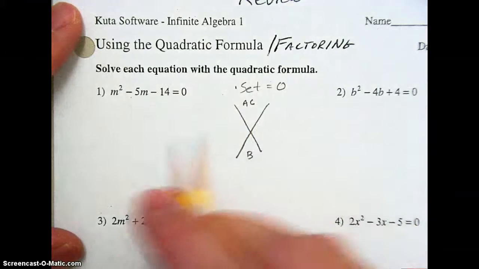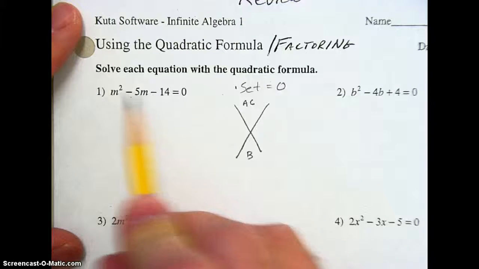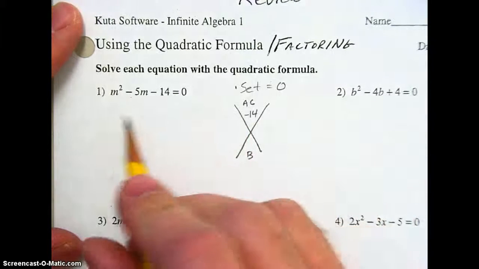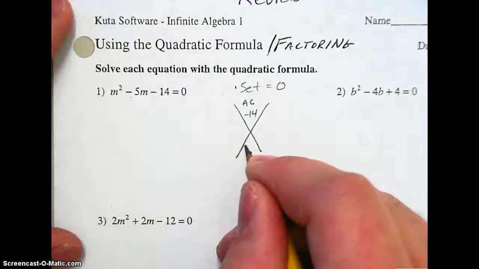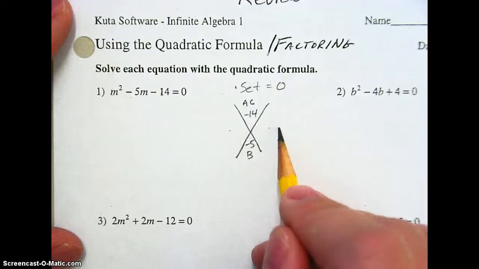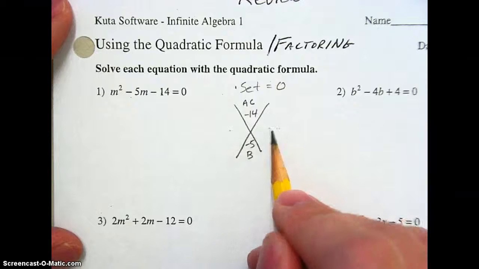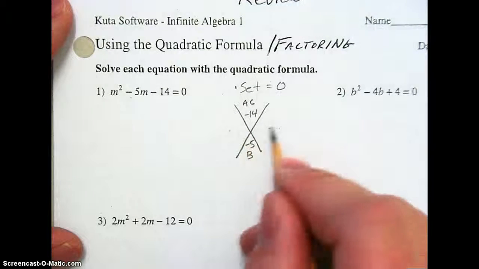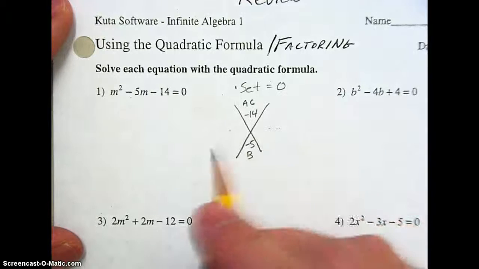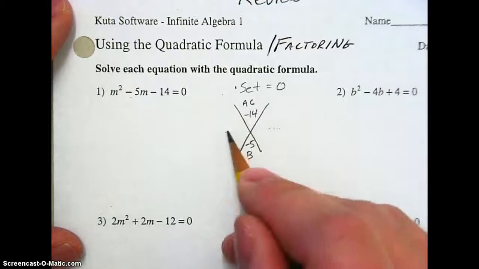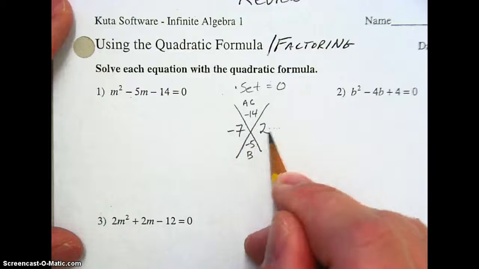B. Two things that multiply to make 1 times negative 14, or negative 14, and add to negative 5. So we try 1 and 14. Does that work? No. 2 and 7? 2 and 7 seems it could work. We have to switch. 2 times 7 is positive 14. Negative 7 and 2.